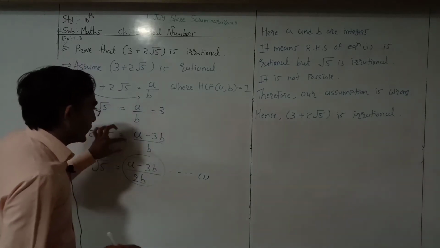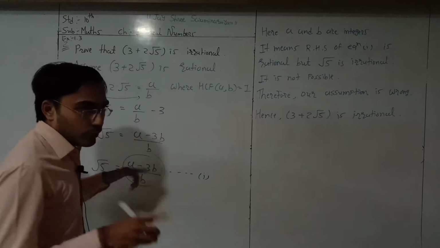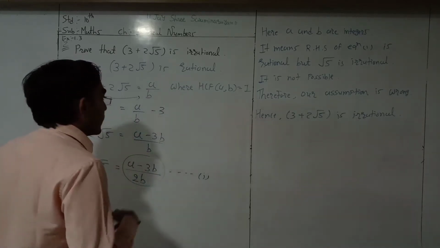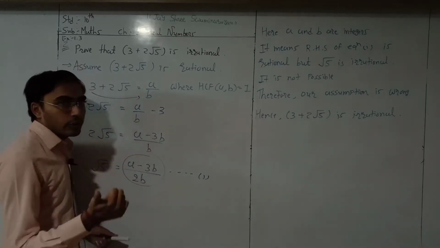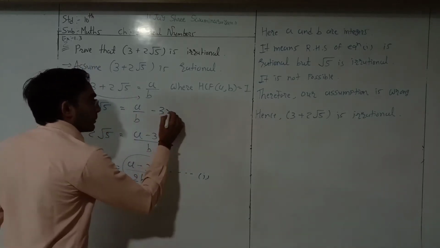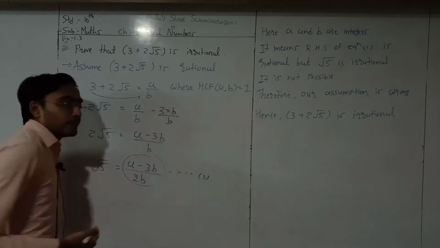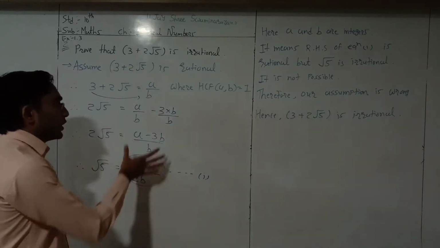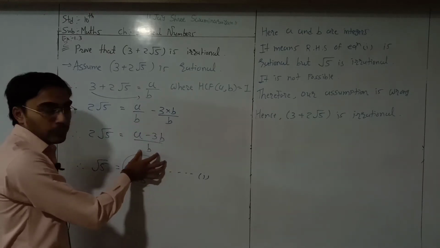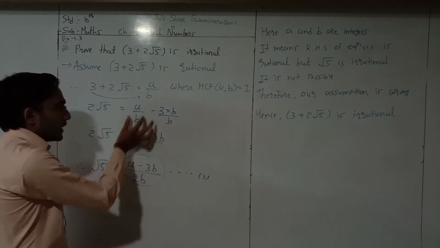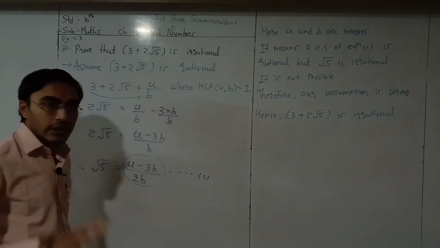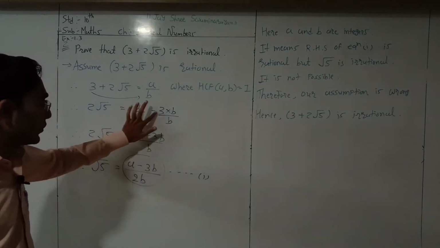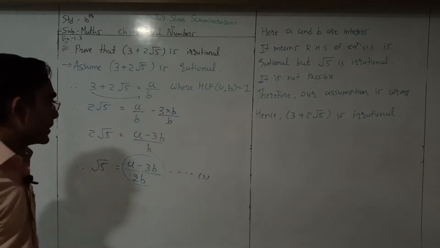Now a as it is, 3b by cross multiplication, so minus 3b divided by b. Otherwise here we have denominator b, so we can multiply by b and divide by b. So denominator b same, and in the numerator a minus 3 multiplied by b, 3b. Okay, so a minus 3b divided by b.